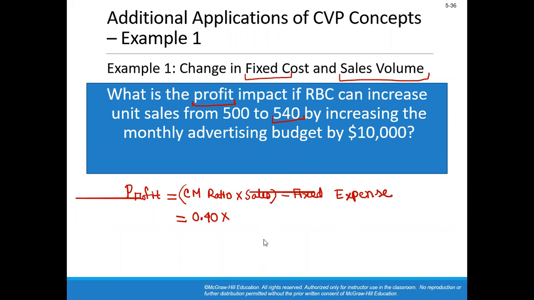What is our selling price? 500. Now, can you please mention what the value should be if we multiply 540 units by 500 selling price per unit? $270,000. Yeah.